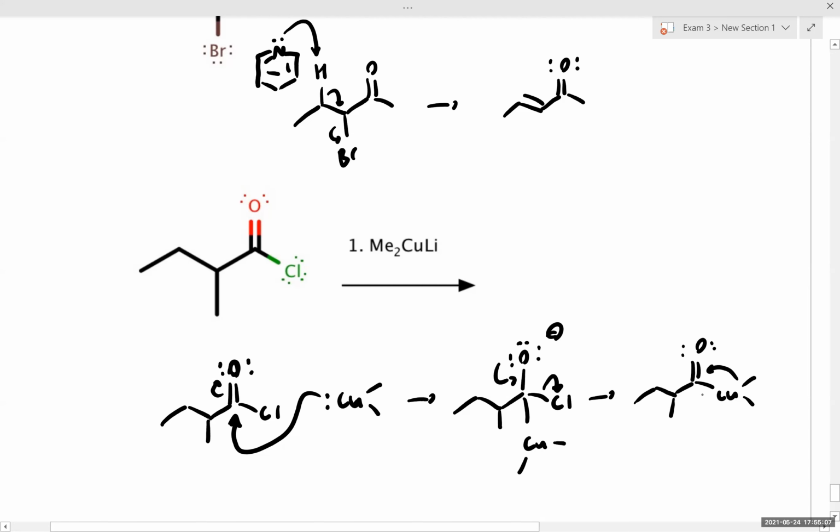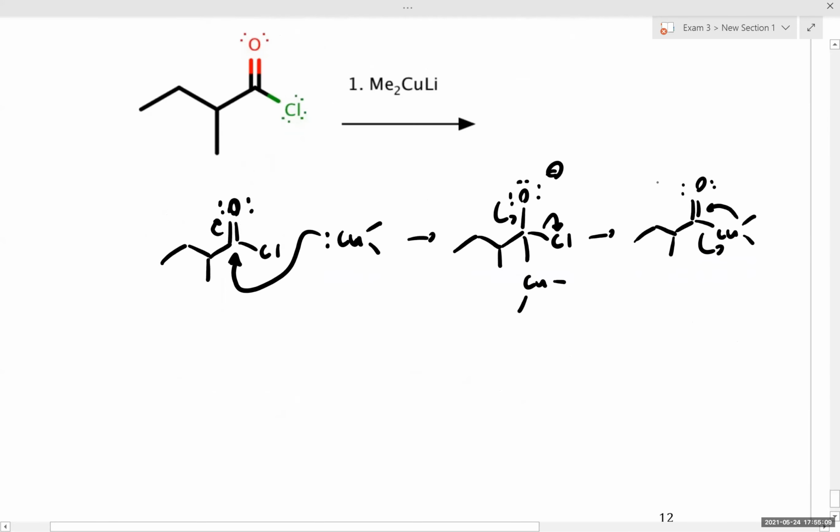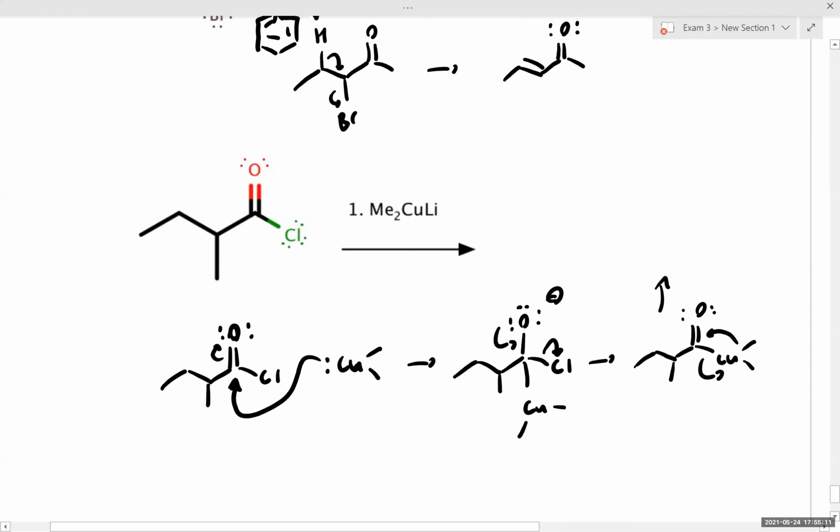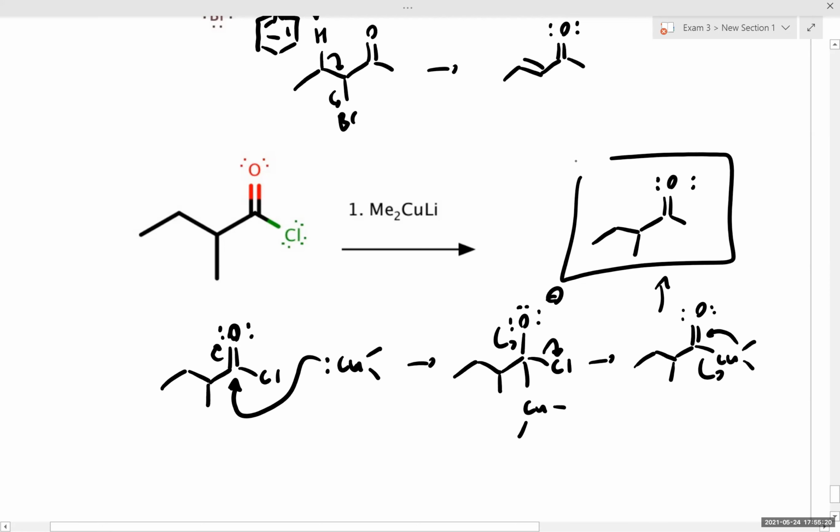Reductive elimination gives our desired methyl ketone and an alkyl copper species. So not the most atom efficient method, but certainly quite a unique reaction. Any questions on this example?